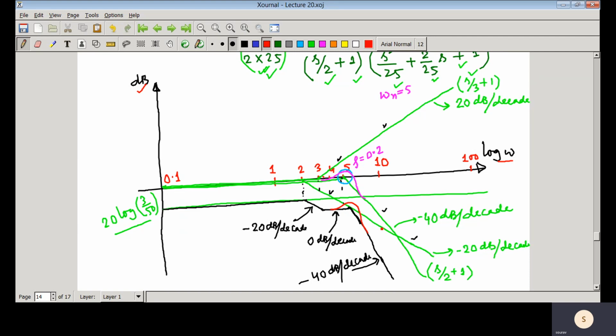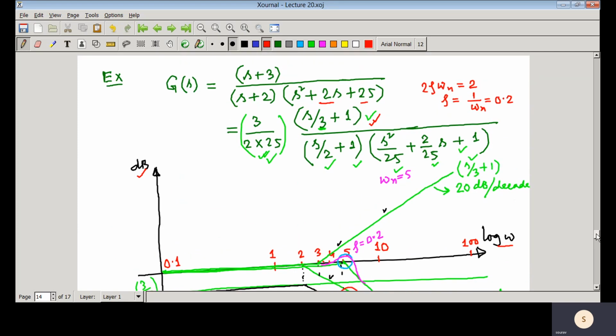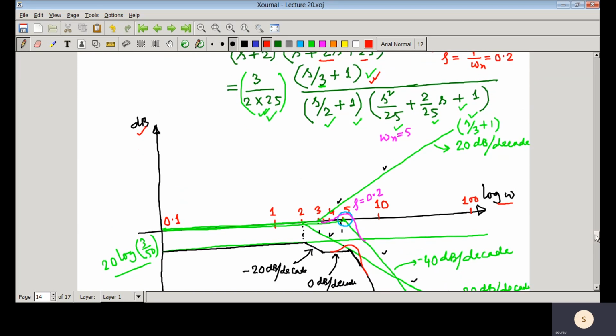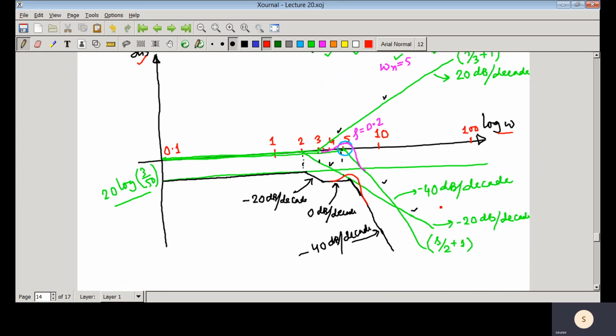So that means whenever we draw that asymptotic Bode plot, suppose one transfer function is given, and we can just take it in this particular form. What we have done in this particular case, there is one second order term, and for that second order term we can see that slope is minus 40 dB per decade.